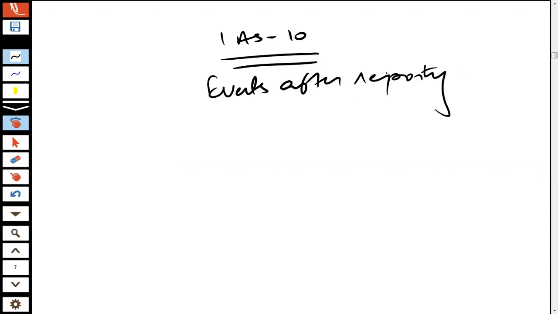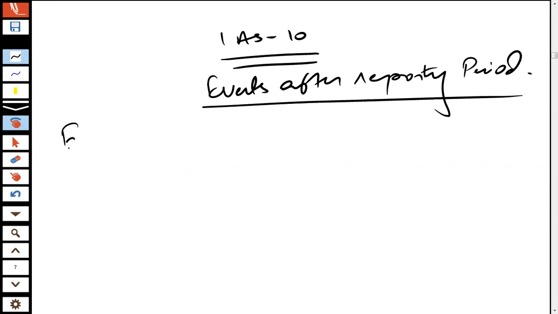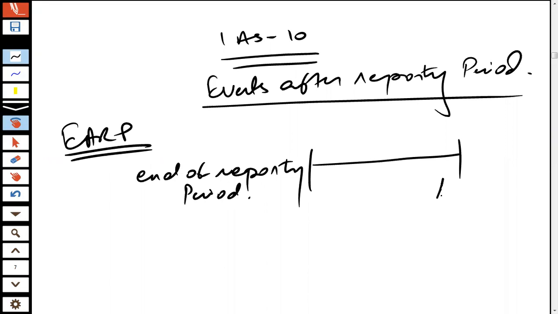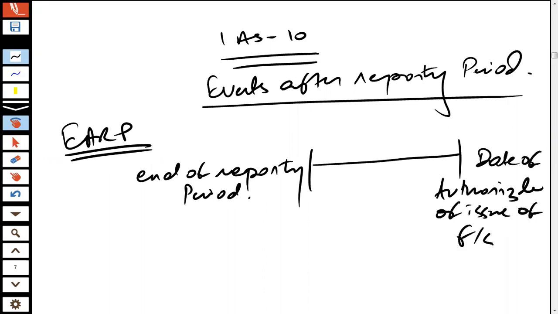The important thing with respect to IAS 10 is what exactly an event after the reporting period is. Events after the reporting period are those events that happen from the end of the reporting period till the date of authorization of issue of the financial statements.